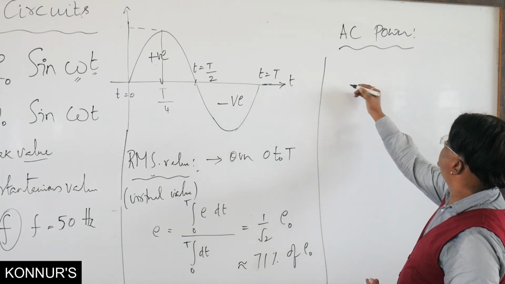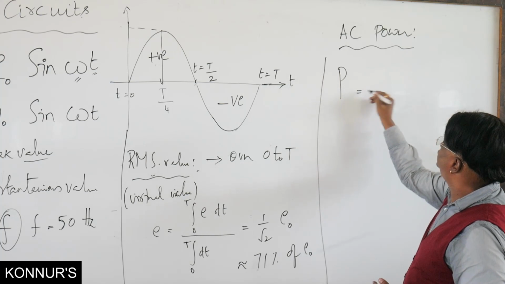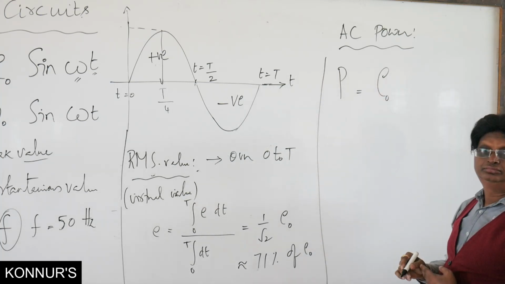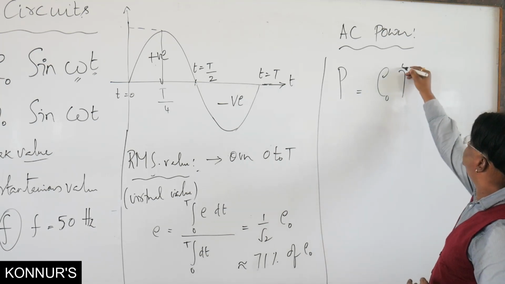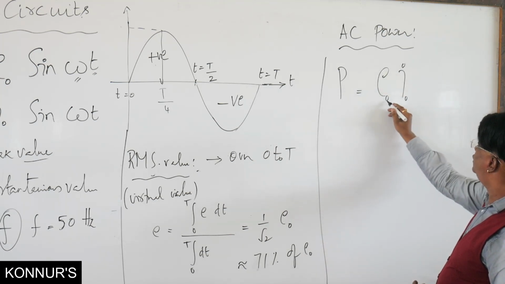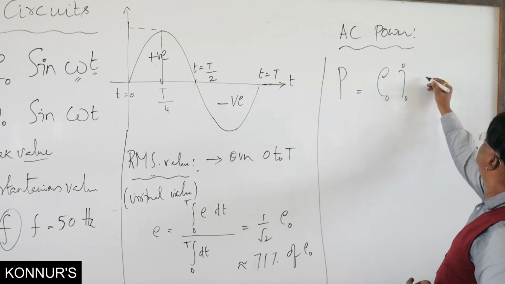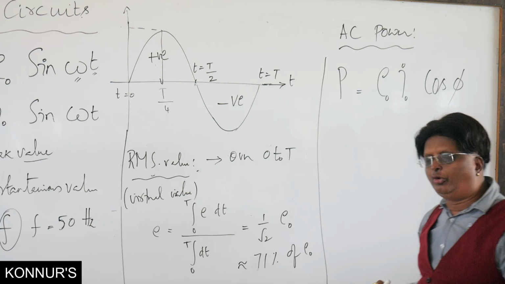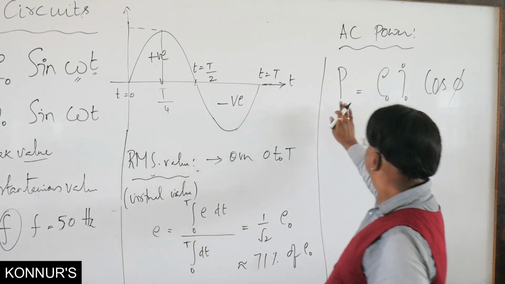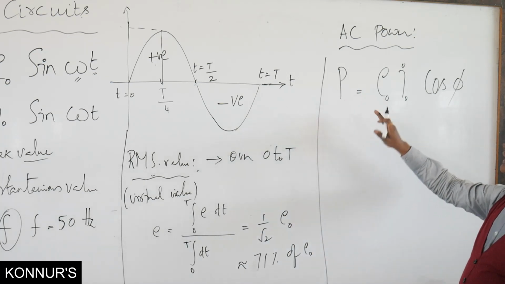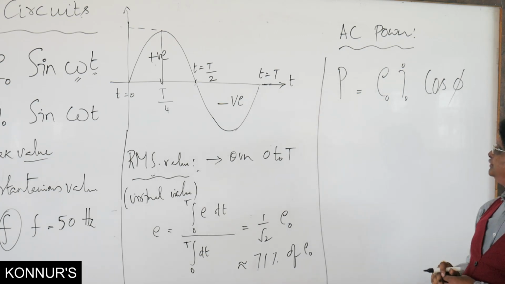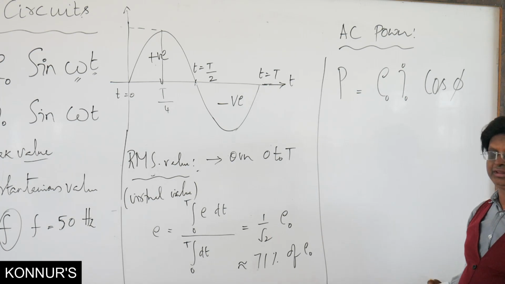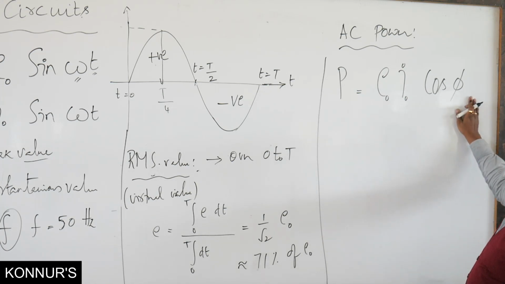AC power, we define it as power P is equal to E naught, the peak voltage, I naught, the peak current, times, the most important thing, cos phi. This is one important definition to remember. P, the average power we are calculating for AC circuits, is E naught I naught cos phi. This is over the complete cycle, remember.